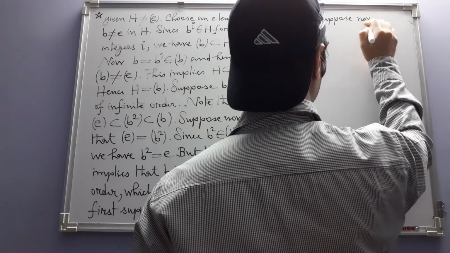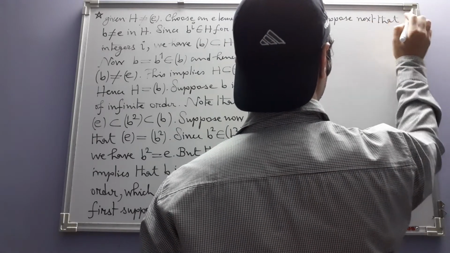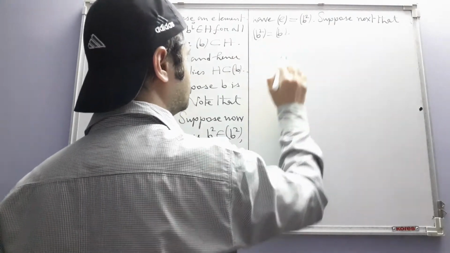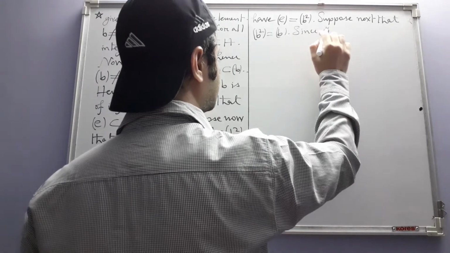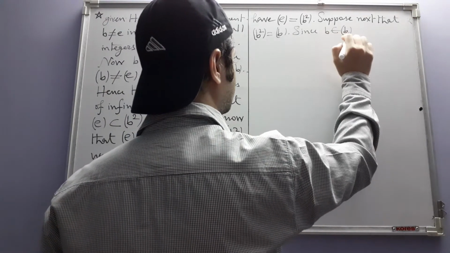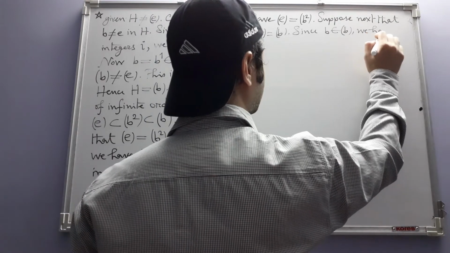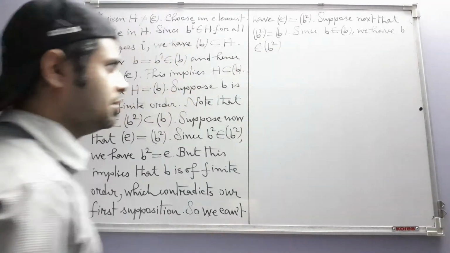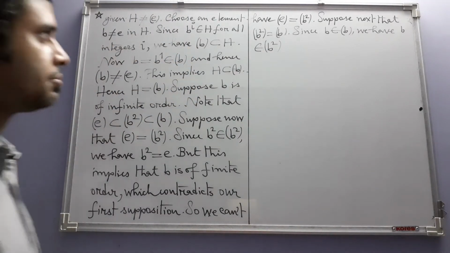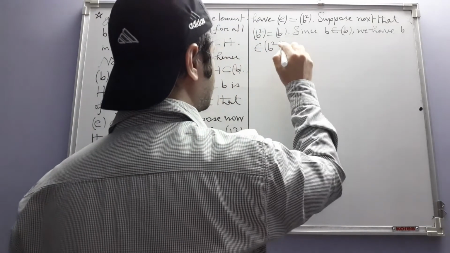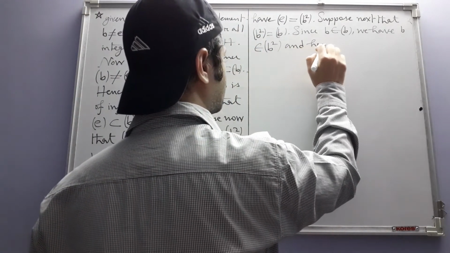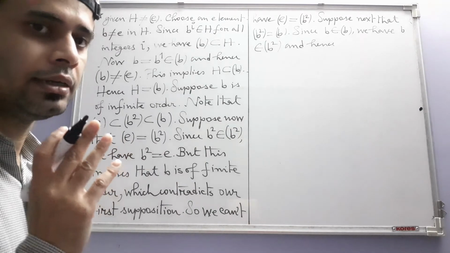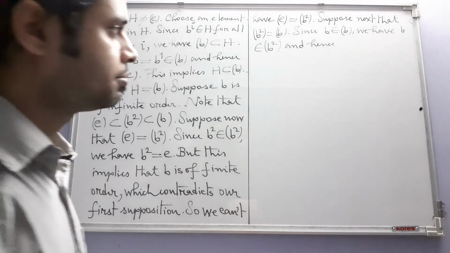Suppose next that this is equal to B. Since B belongs to B, we have B belongs to B square, because they are now equal, and hence B being an element of this cyclic subgroup should be an integral power of B square.